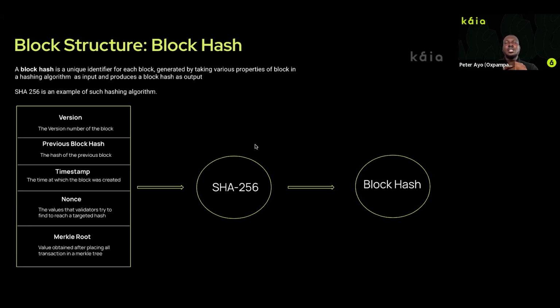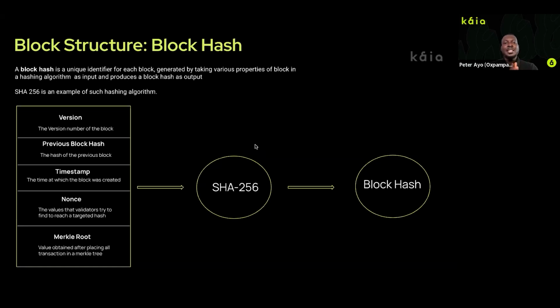Now, this is how we get the cryptographic hash of the previous block. For every block, the block header is passed into a hash function, and it returns an output, right?